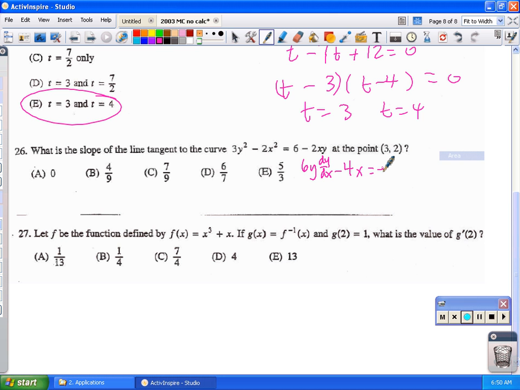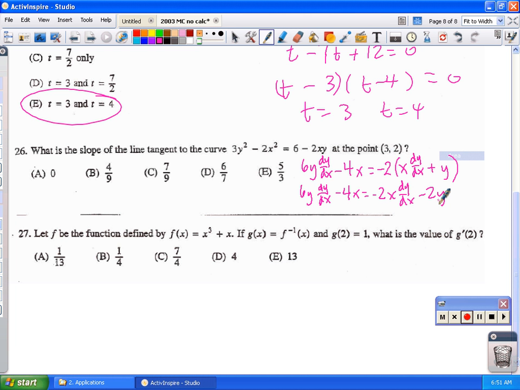I'm going to leave the 2 out front, so I'll have first times the derivative of the second plus second times the derivative of the first. Now you could have taken the negative 2, stuck it with the x, and carried it through like that. When I clean up, I'll get 6y dy dx minus 4x is equal to negative 2x dy dx minus 2y.